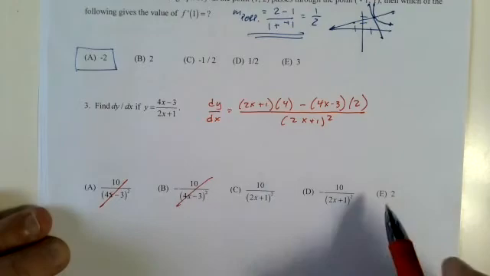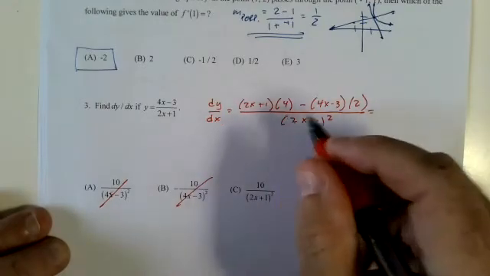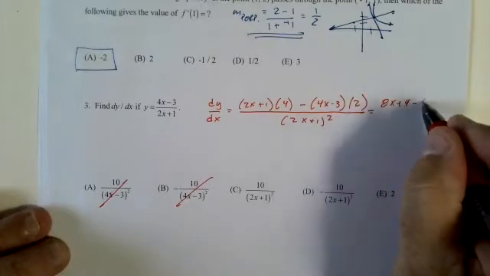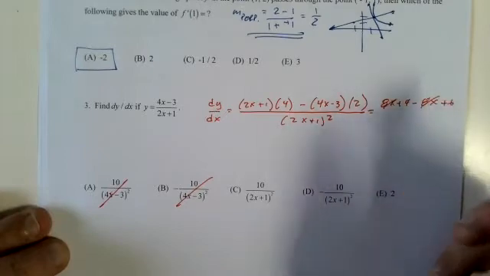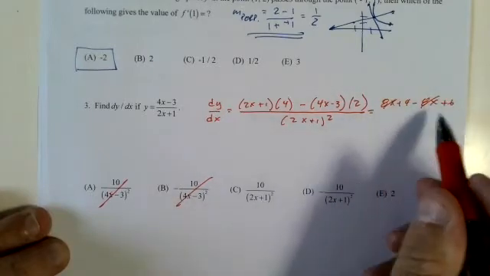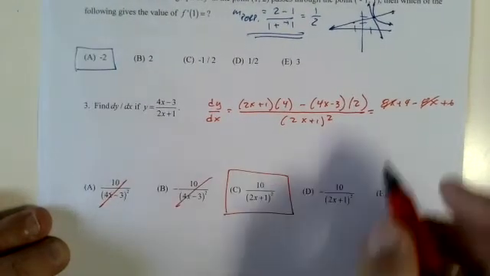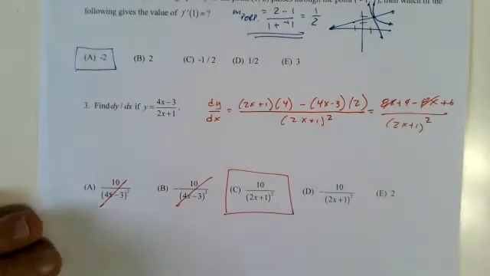This is a very good technique, by the way. Can't eliminate that one quite yet because you never know what's going to happen. 8x plus 4 minus 8x plus 6, 10. Cool.